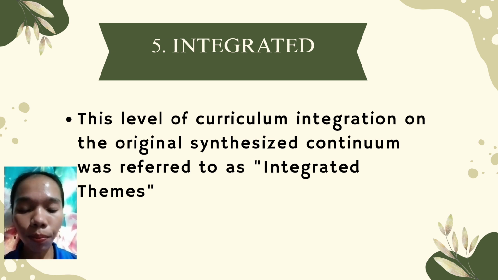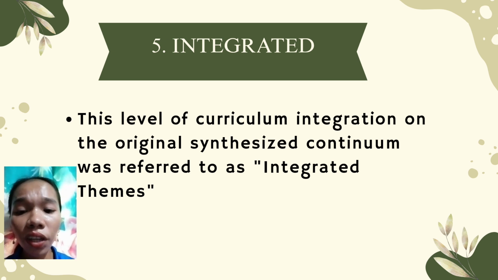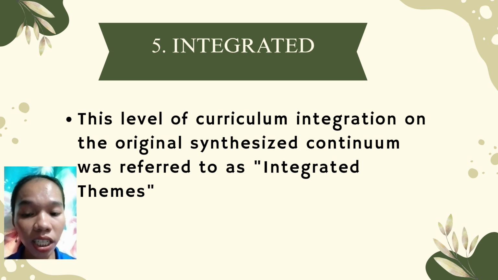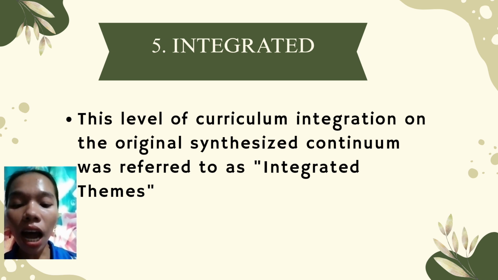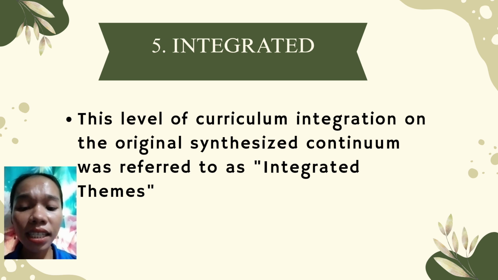For example, a unit on sustainability can combine science, renewable energy, math, data on consumption, social studies, policies and culture, and English, persuasive essay, allowing students to see knowledge as a unified whole. So they are integrated.